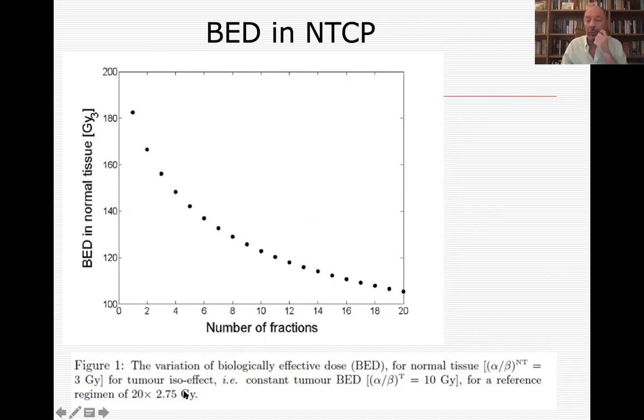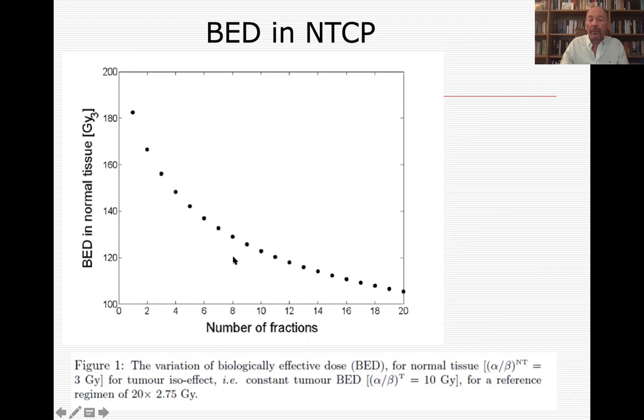So now you calculate how the BED changes for the same tumor iso-effect as a function of the fractionation. And then you see that as you reduce the number of fractions, the BED rapidly increases.